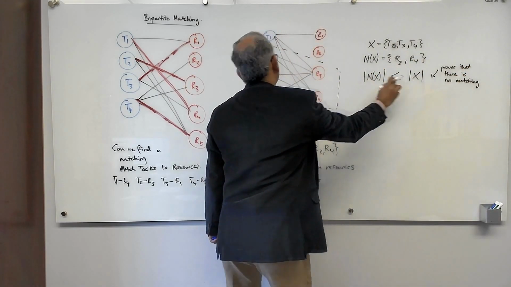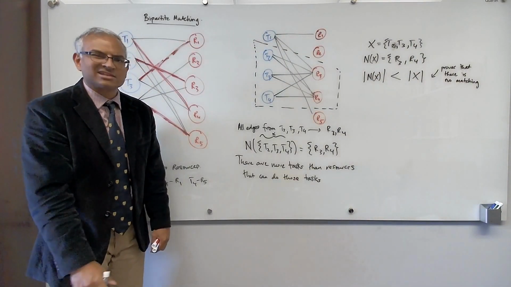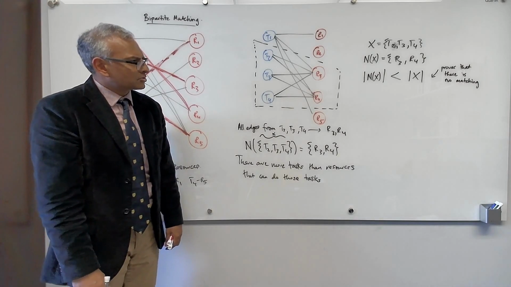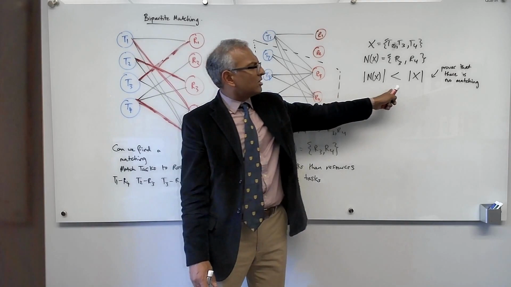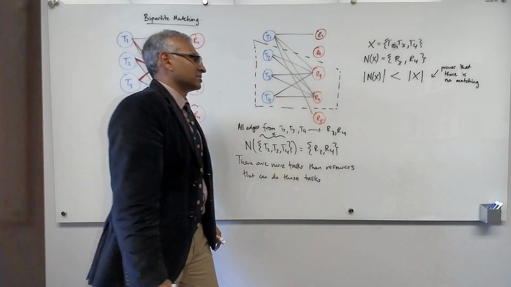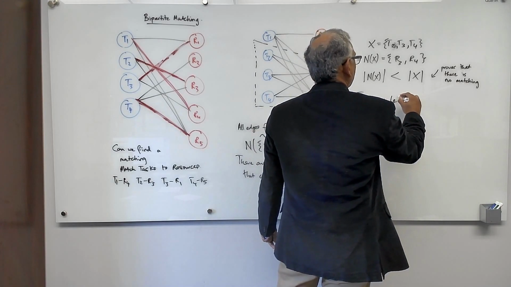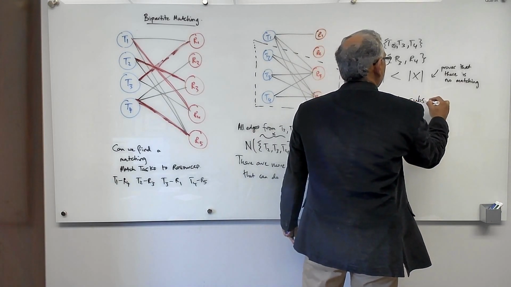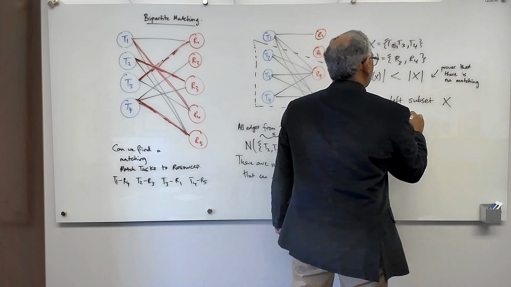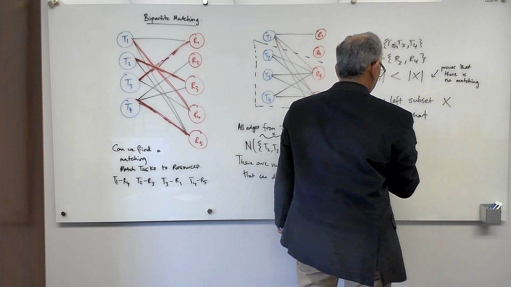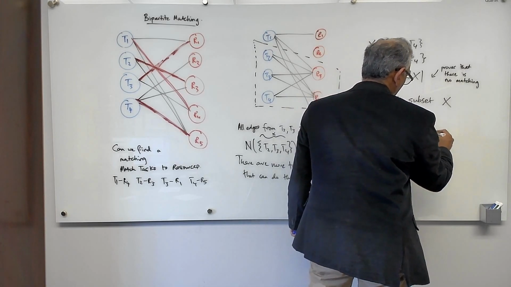We call this subset a left subset, and we call this the neighborhood of that left subset, which happens to be a right subset of the vertices. And so immediately we see that if there's going to be a matching, this condition cannot happen for any left subset. So for any left subset X, it must be that the size of X is less than or equal to the size of the neighborhood.